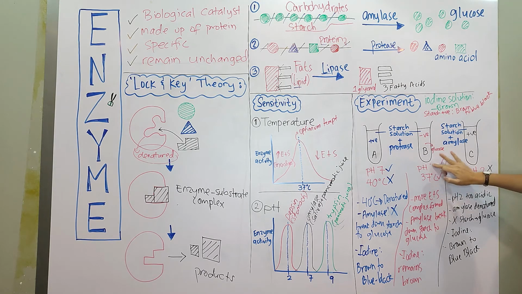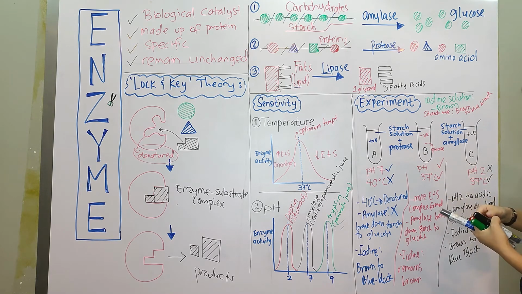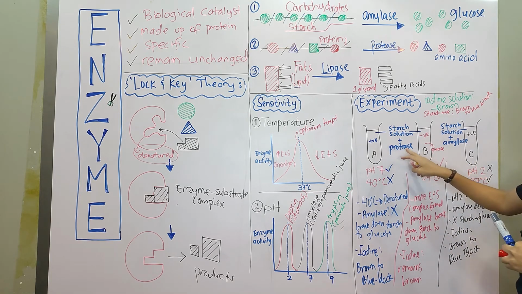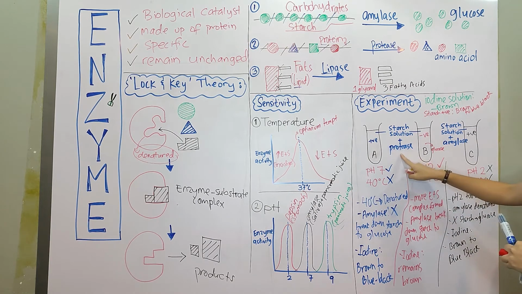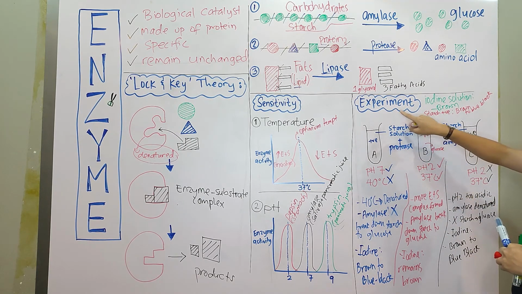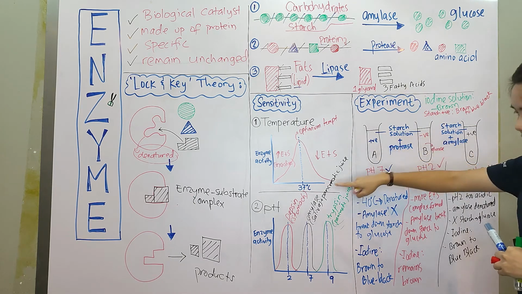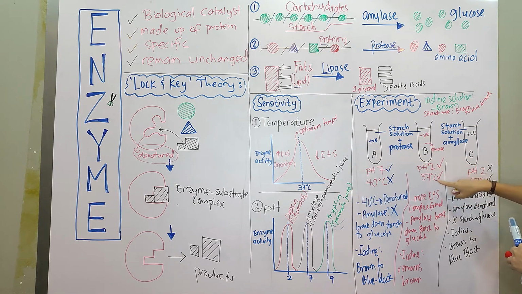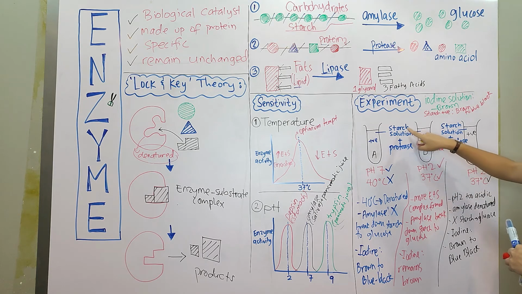Okay, I put this one 2, let's say. That is pepsin. Sometimes they will put protease, but it's okay. Sometimes in the question they will say protease from the stomach, so you know it's pepsin. So pH 2 and 37 degree, starch solution and protease.